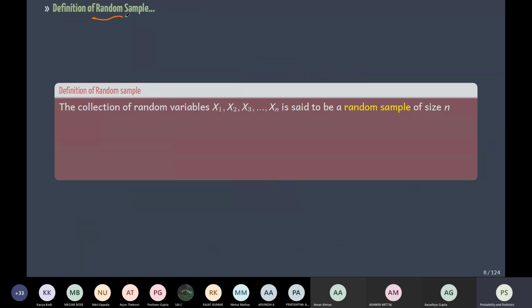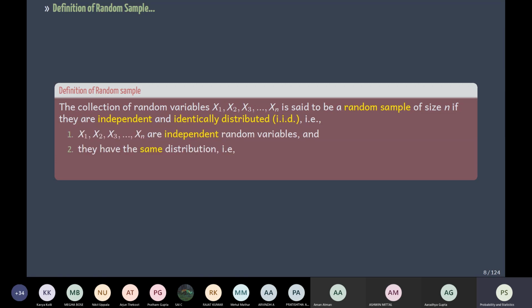So now we can concretely define a random sample. The collection of random variables x1 to xn that you draw from the population is said to be a random sample of size n, okay, because you have pulled out n of them, if they are independent and identically distributed. So any sampling that you do, if it is independent and identically distributed, then it will be a random sample.